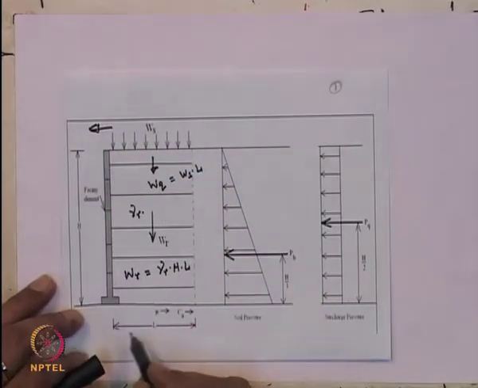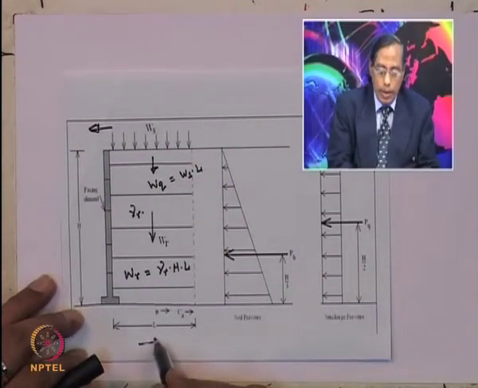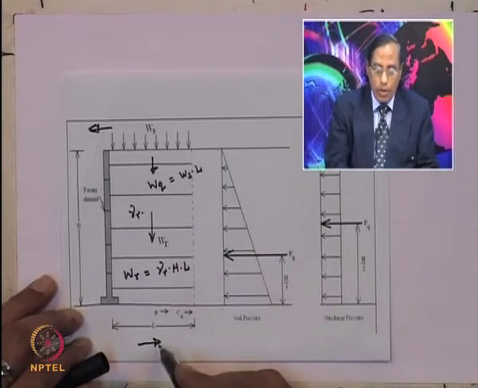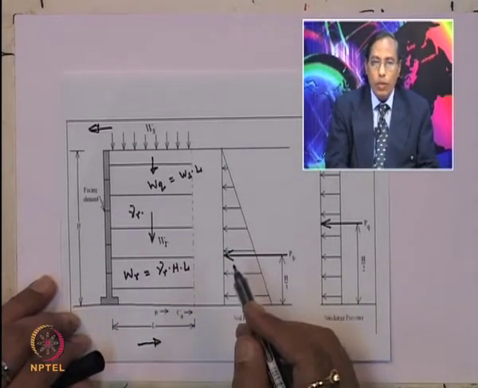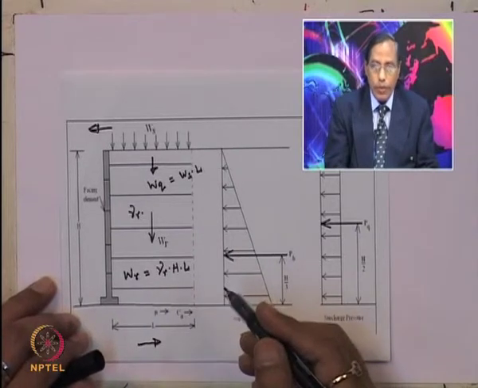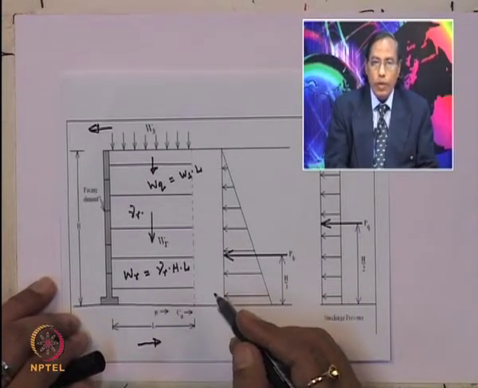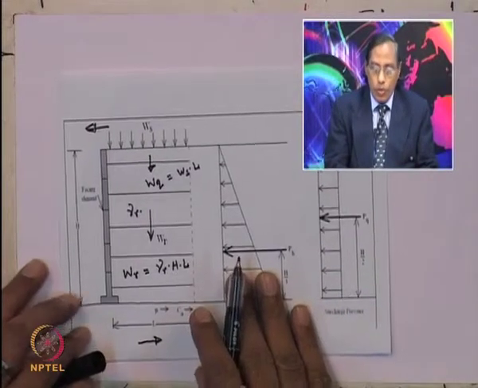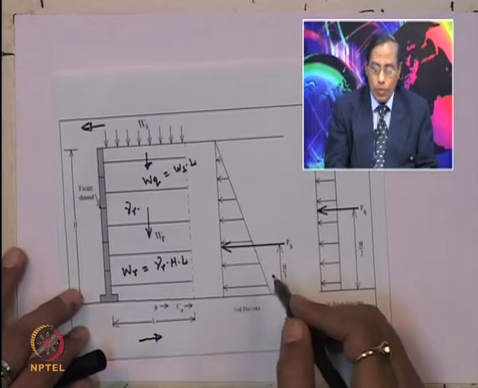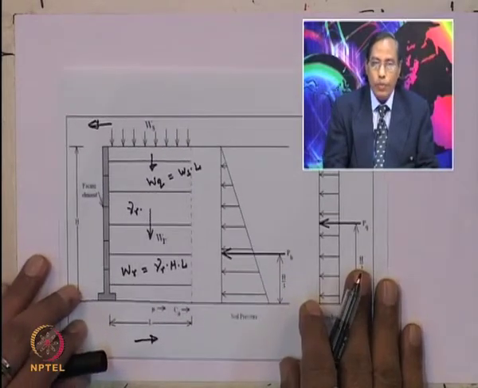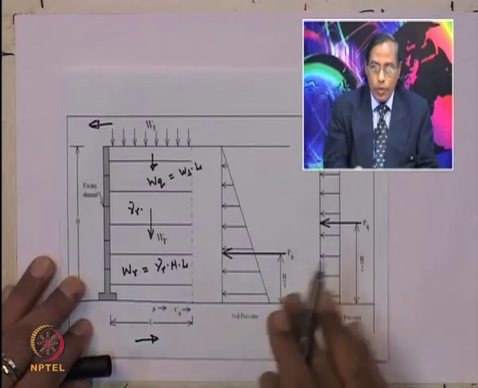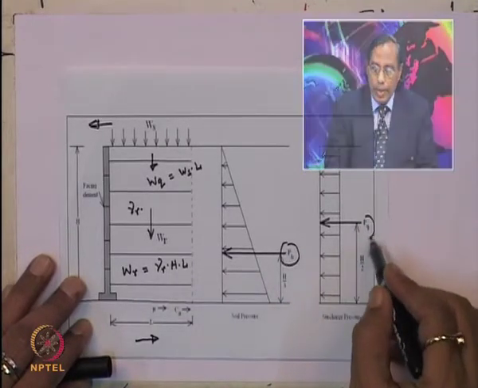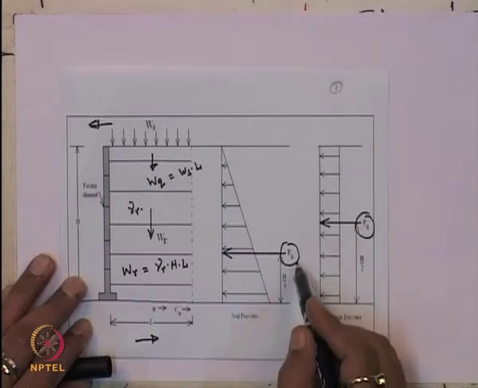So the factor of safety against sliding is equal to the summation of horizontal shearing resisting force divided by the summation of horizontal driving force. So what are the resisting forces and what are the driving forces? The total driving force is PB and PQ.